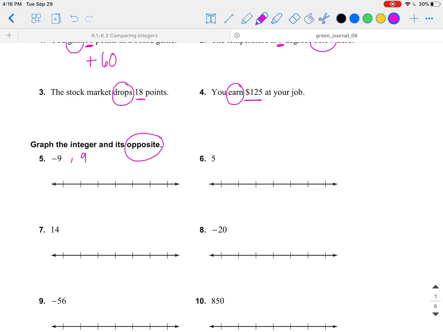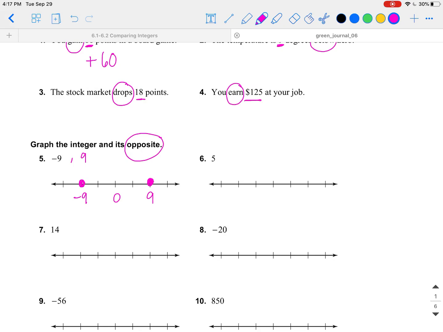So here, you just have to make sure you're creating a scale that's even. What I would recommend is just put 0 in the center and skip 2 and put your positive value 2 to the right and your negative value 2 to the left. So in this case, it would be scaled evenly, and I just plot a dot on both of those points. So 9 and negative 9.